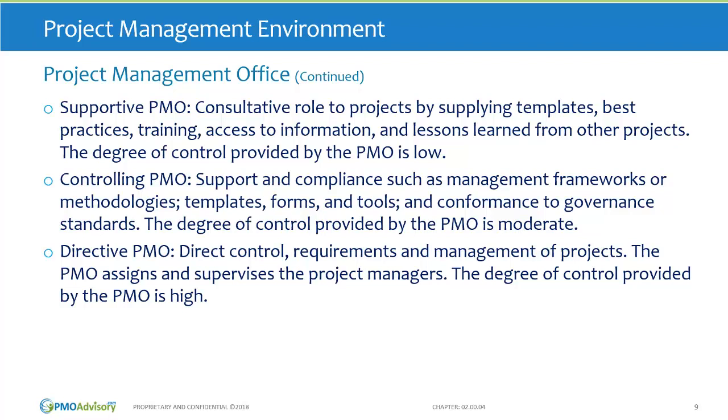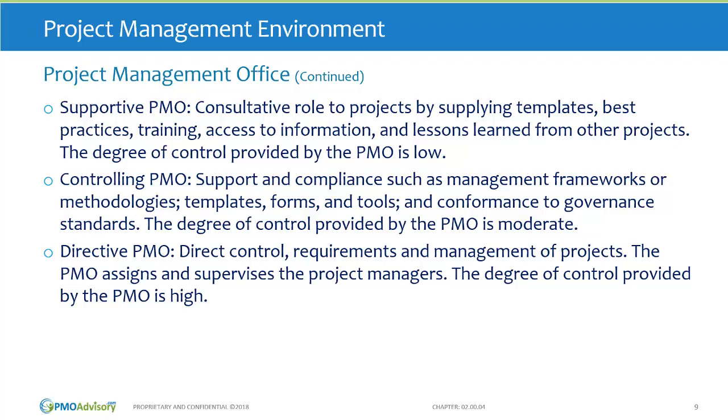The main function is information sharing, and the amount of control is low. In a controlling PMO, there is more authority, where the PMO enforces support and compliance of best practices. Here, the degree of control by the PMO is moderate.